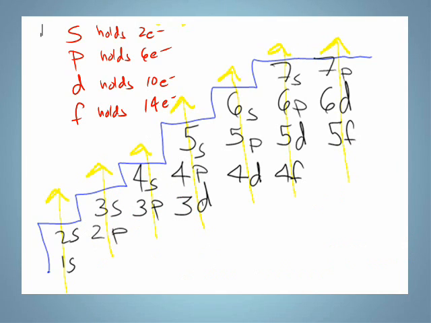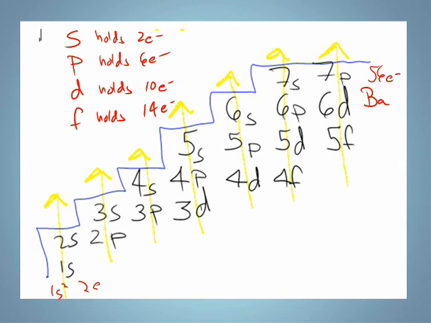Okay, let's just try one more. Barium. See if you can get this as well, trying it at home. It has 56 electrons. 1s2, 2s2, 2p6, 3s2, 3p6, 4s2.